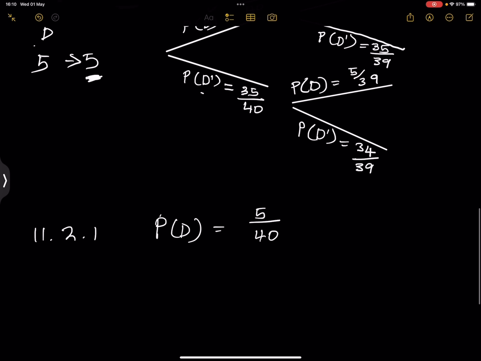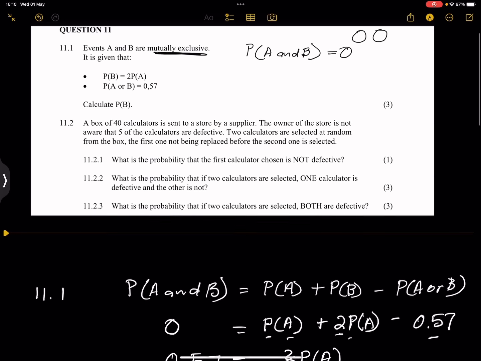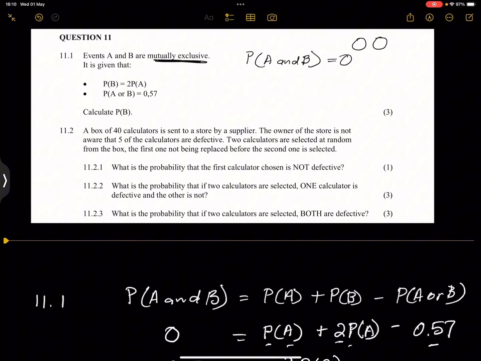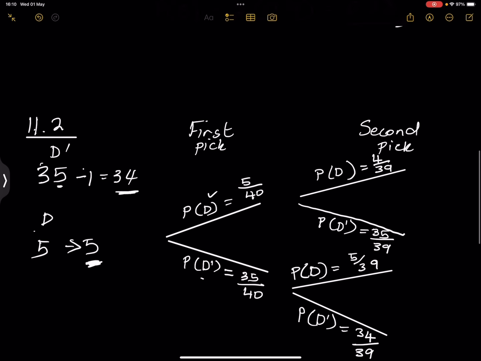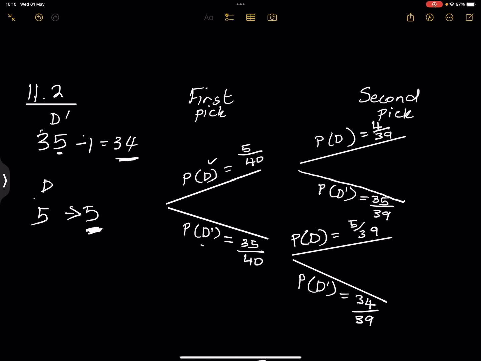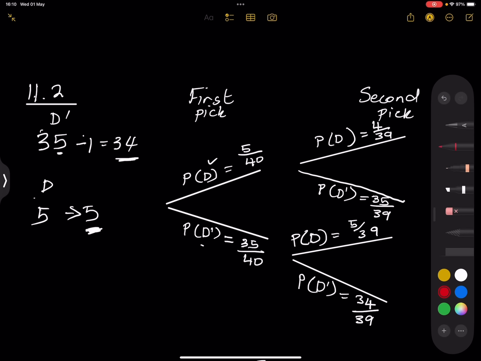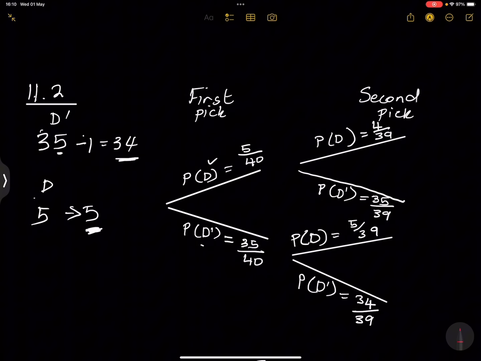Okay, right. So 11.2.2. They say to us, what is the probability that if 2 calculators are selected, one calculator is defective and the other is not? So we're going to pick, right? Now, please, I want you to note, how do I follow this on my tree diagram, right? So there are 2 chances of picking one defective and another one not.